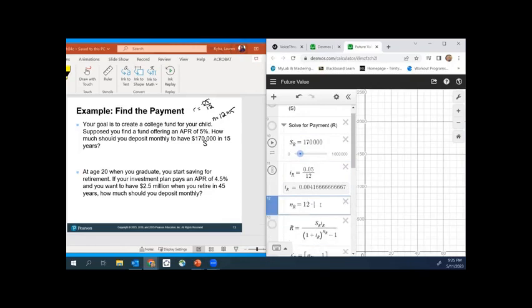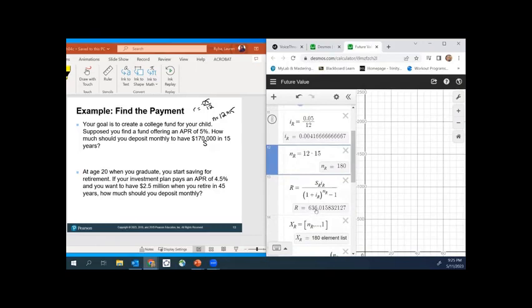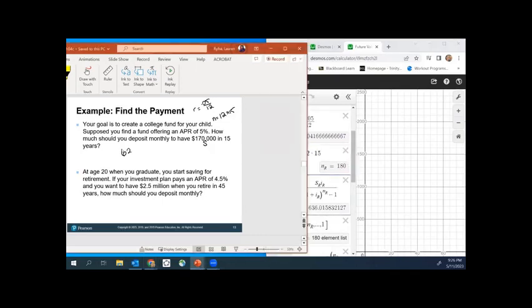And this is going to be 12 times 15. And it is saying here, down here, this R, that value, $636.02. So 636.02 is the answer we want. So that is under the R, the recurring deposit.